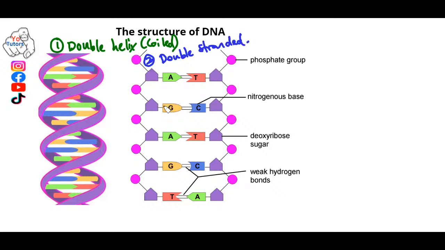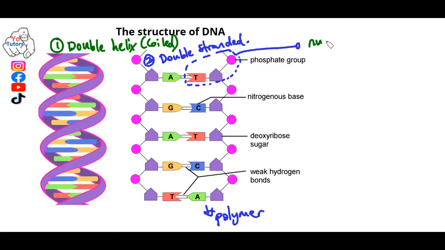As you can see, there's a long chain, and this long chain that we see here, we refer to it as a polymer. These here are the building blocks, and this building block we refer to as a nucleotide.